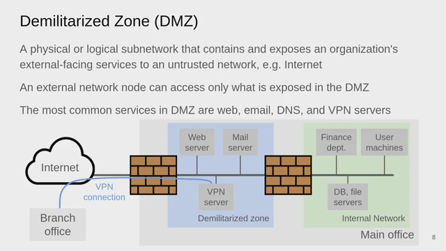So if somebody, either like an external branch or a remote worker, is trying to access their services, they need to establish an internet connection to go through the first firewall to the VPN server to then punch through to the internal services. Whereas somebody from the outside who is not logged in through VPN can only access the web server and the mail server, but the mail server may even access data on the file server to share attachments or whatnot, and the web server may connect to the database server or whatnot.